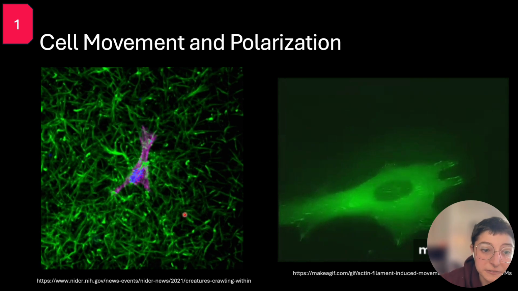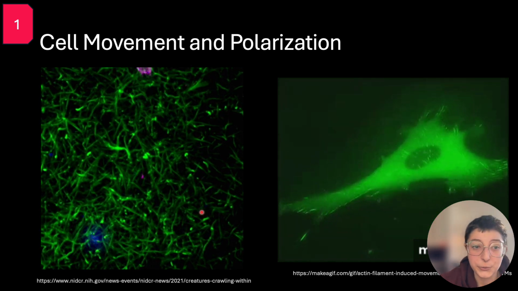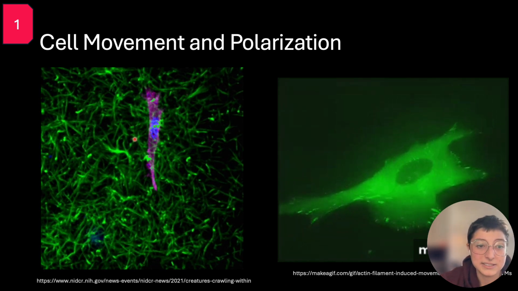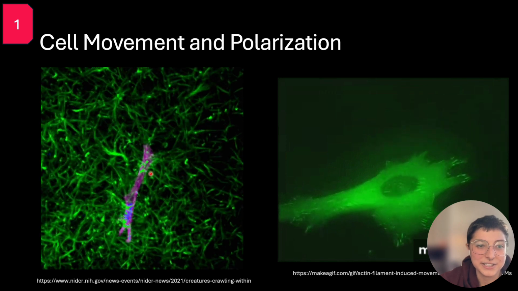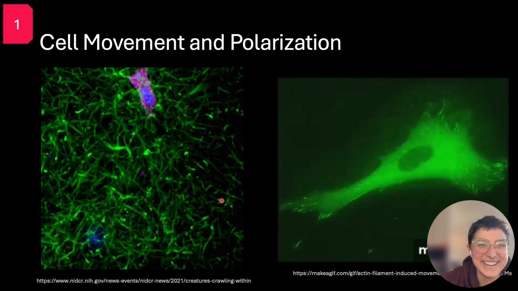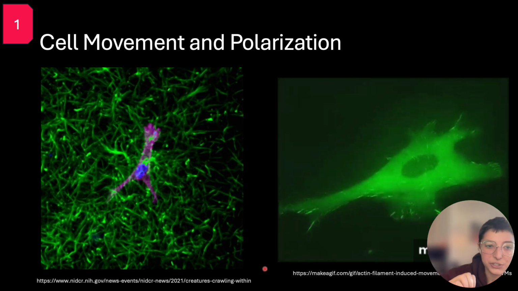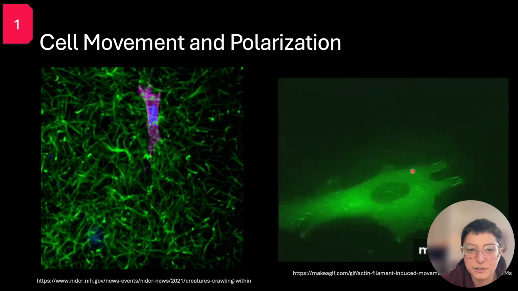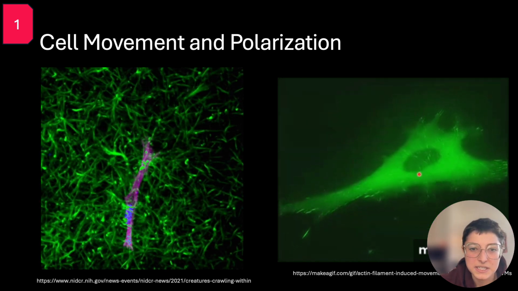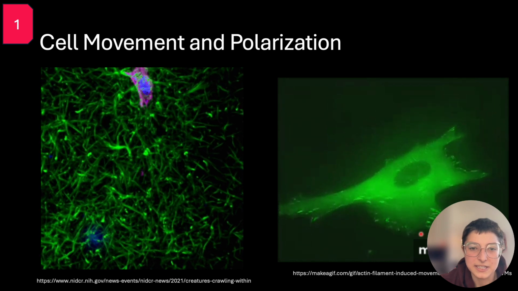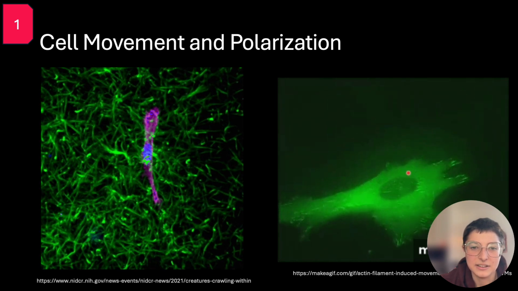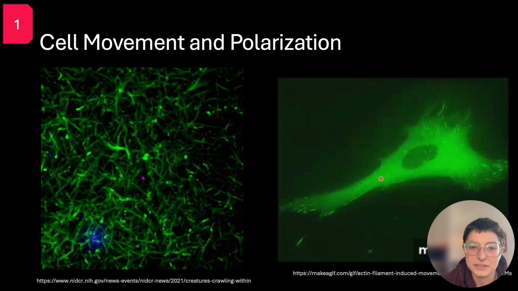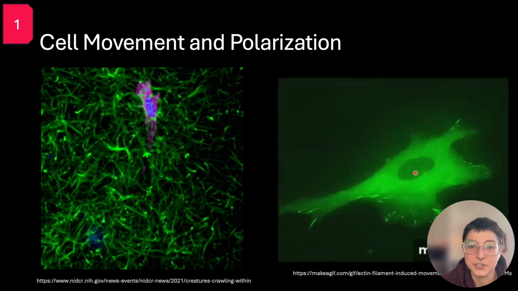And I'm not sure if you can see, but there's also a blue circle in the cell. That's blue. That's the nucleus. And over here we have cell sensing, and then the nucleus also reorients itself a little bit.